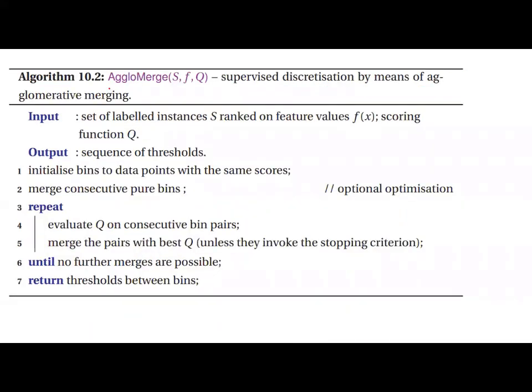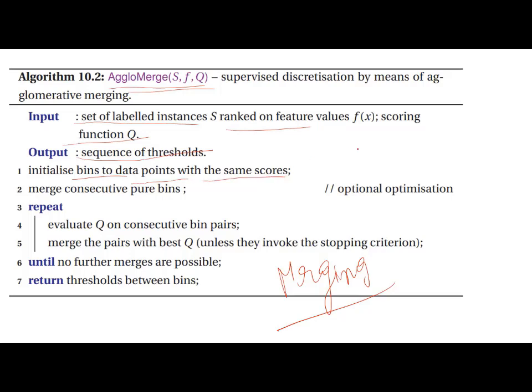Now coming to agglomerative, here this is merging, and here we use bins. Input: a set of labeled instances ranked on feature values, scoring function Q. Output: the sequence of thresholds. Initialize bins to data points with the same scores. Initialize all bins to data points with the same scores.